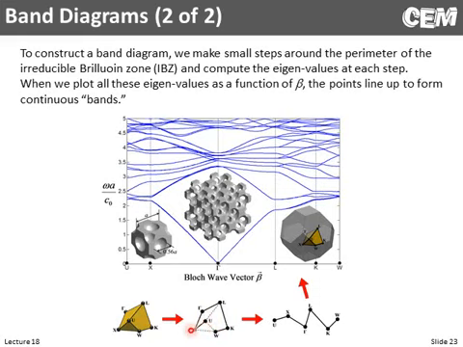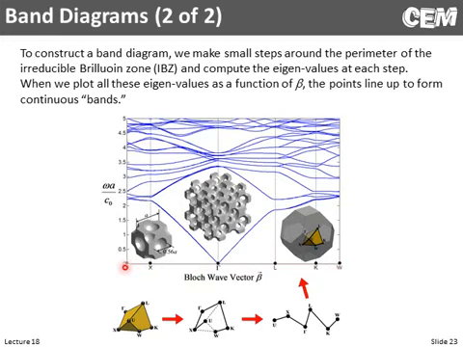So we'll go from U to X to gamma to L to K to W, and sometimes even we might go back to U. So we take this line path and we stretch it out, and in fact that becomes the horizontal axis in our band diagram.